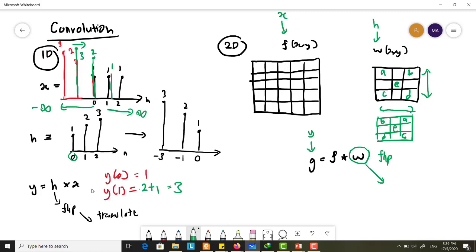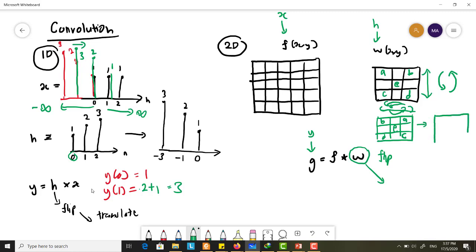Okay, one flip at the horizontal axis, now it becomes like this. Now A is over here, B is over here, C is over here, D is over here, because you flip in this way. But that is only one flip, and because it is two-dimensional, you then need to do another flip with respect to the vertical axis. You must flip in this way also. So after you get this one, you flip with the vertical axis.